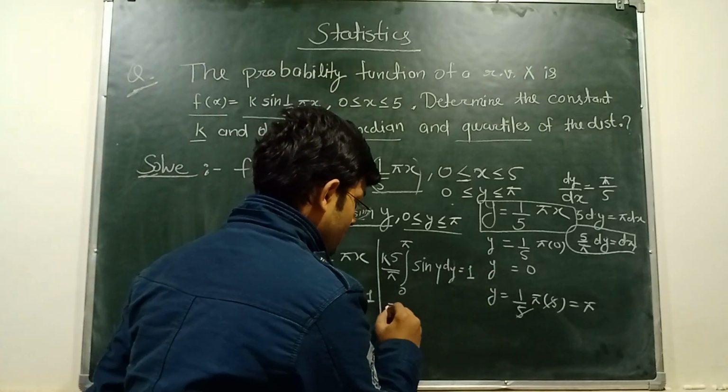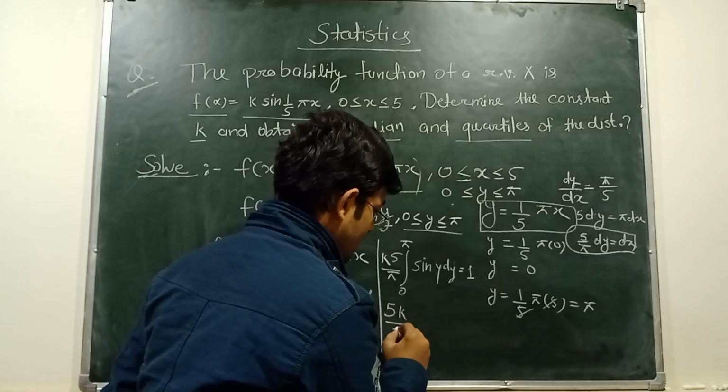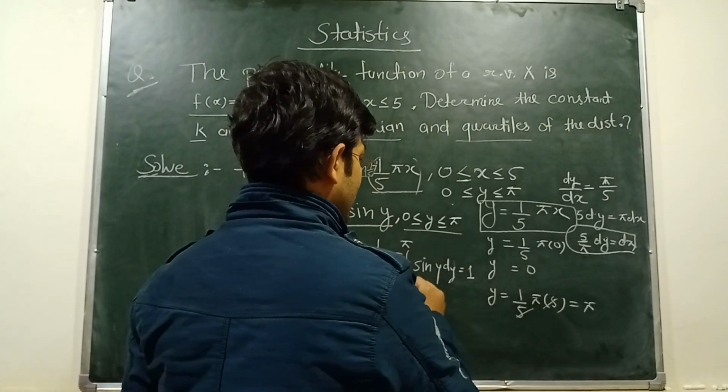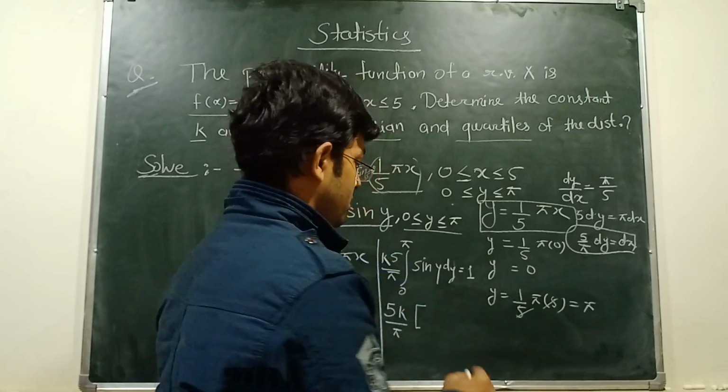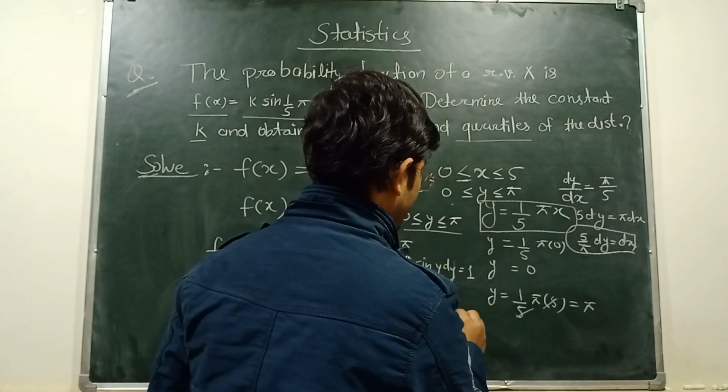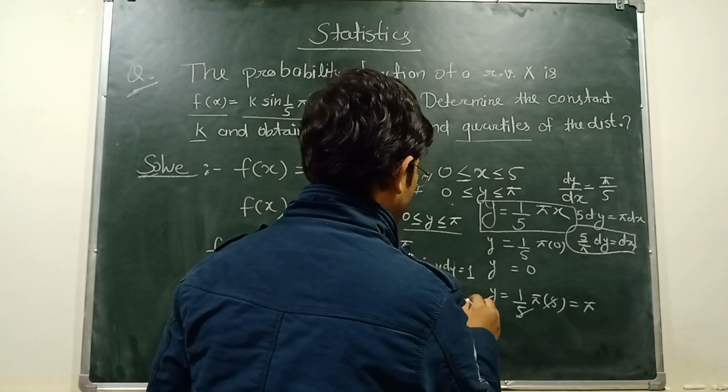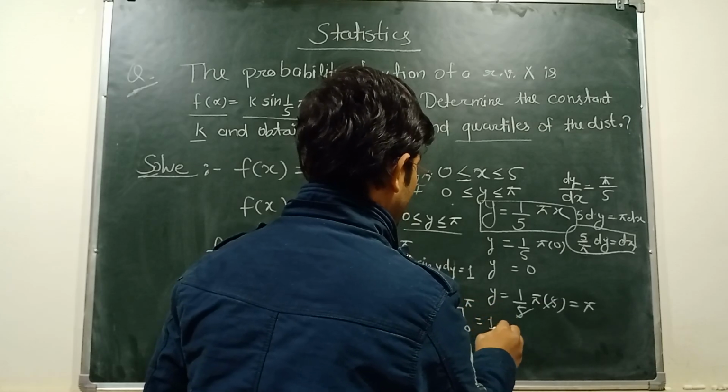So 5k/π times the integral of sin y, which is equal to minus cos y, from 0 to π, is equal to 1.